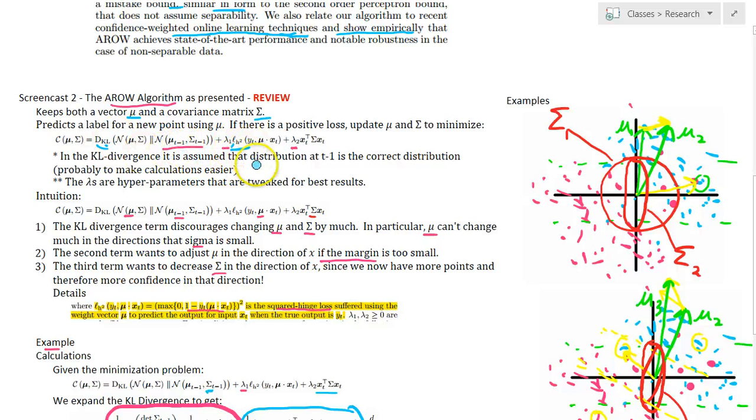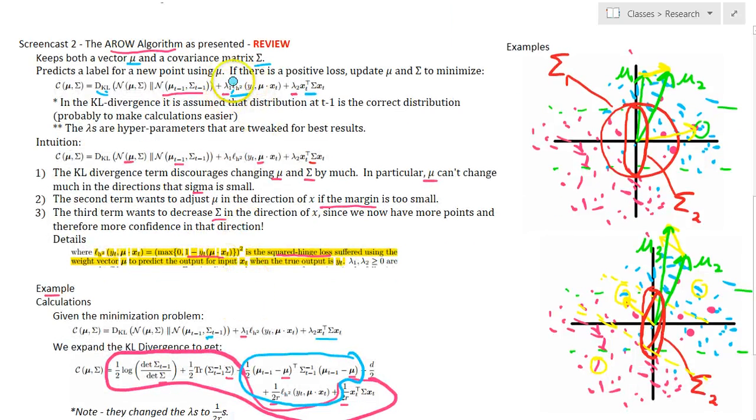It has a loss term so that when our margin is not big enough or we make the wrong prediction, we tend to update in the direction of the vector. And it has a term which encourages us to reduce this covariance matrix in the direction of our update. And these hyperparameters, we can pick them to make this work really well.